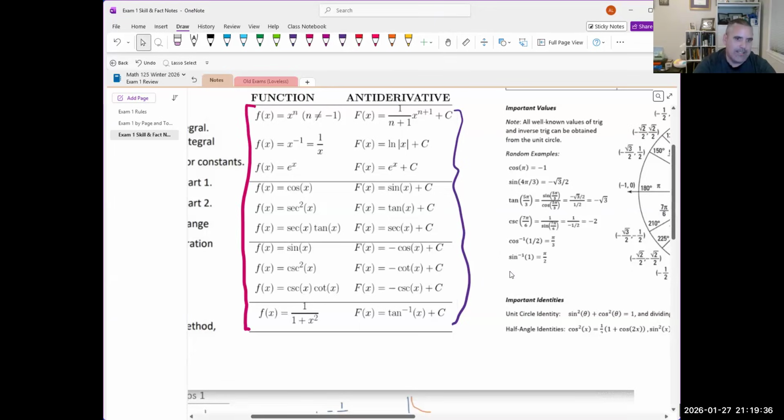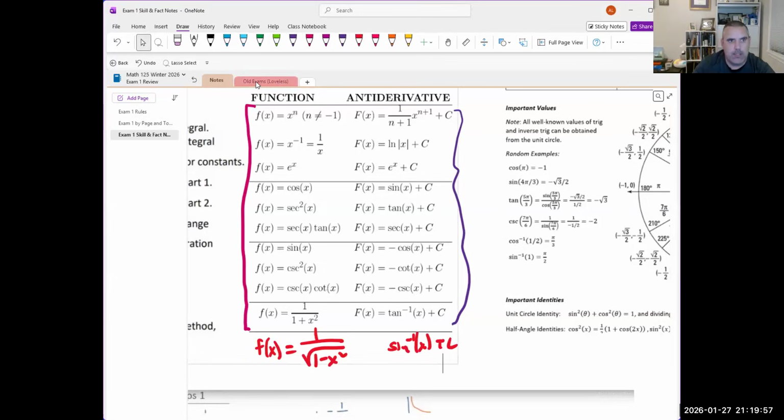Arc sine would be the next most common, but I like being able to say there's 10. So 11, if I had to make an 11, it would be this, and that's the derivative of arc sine.